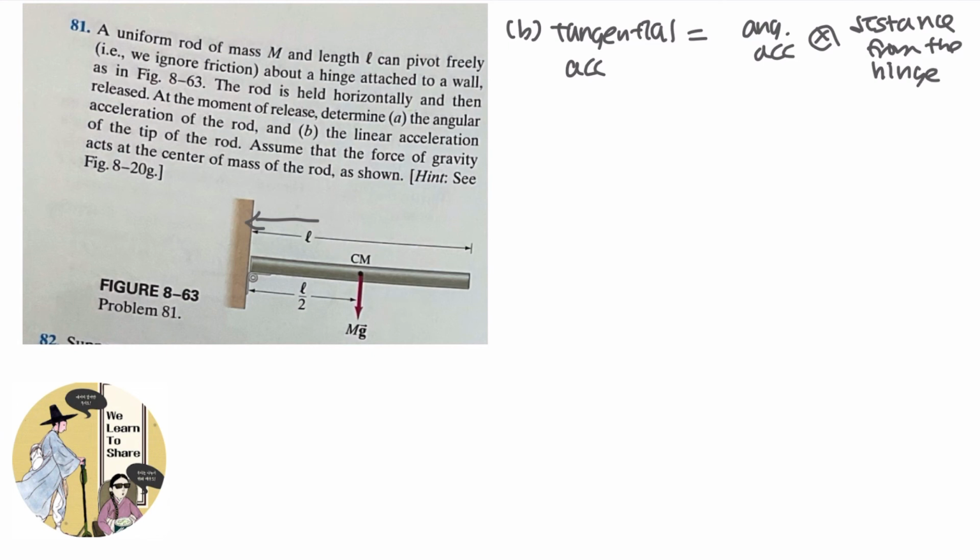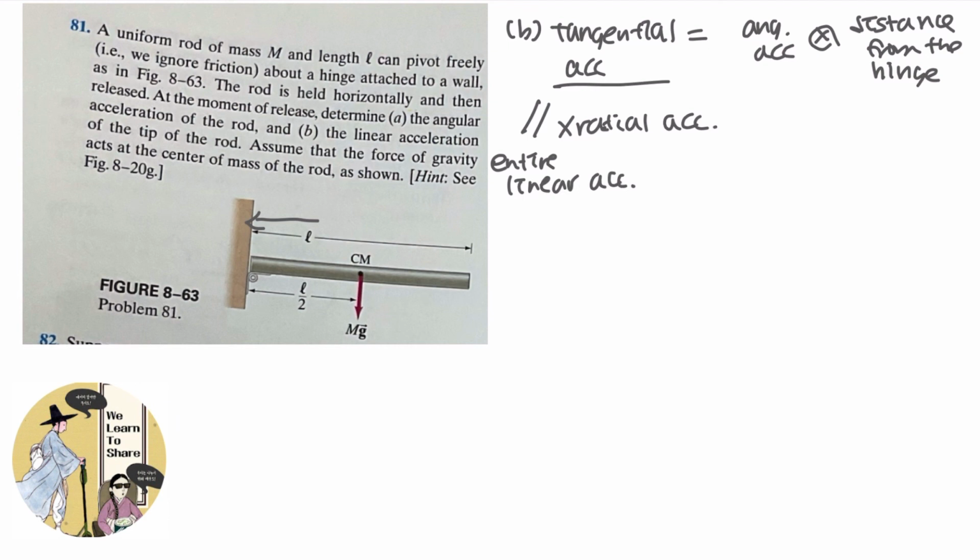And there is no radial acceleration, because at the moment of release, the speed of the end of the rod is 0. So there is no radial acceleration here, and thus the tangential acceleration is the entire linear acceleration.